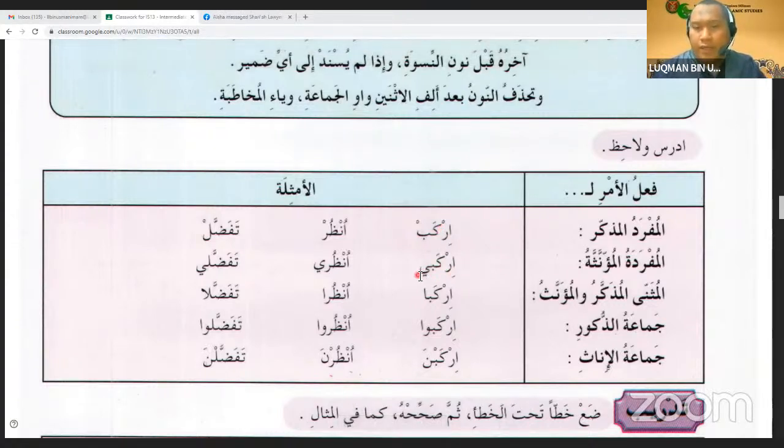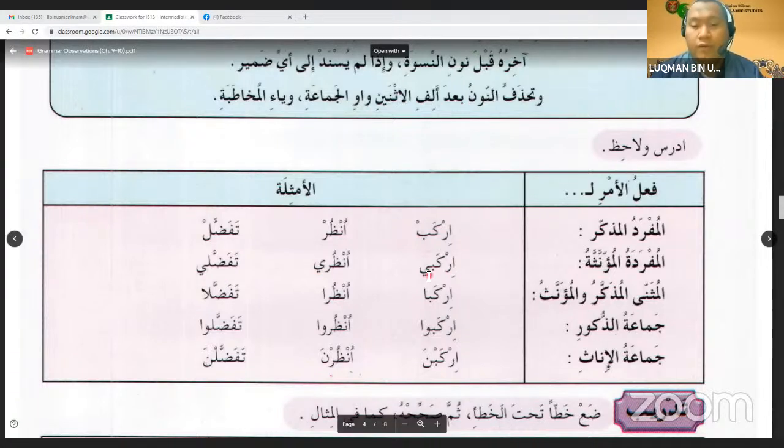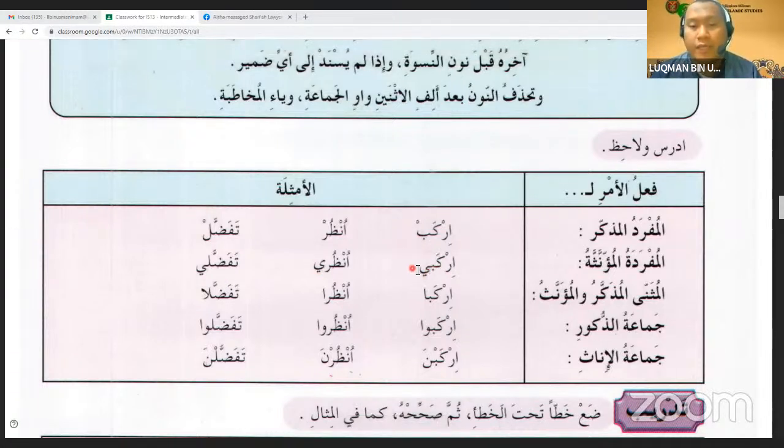Irkabi, sumakay ka, no? Babae ang kausap mo. Irkabi. So you just add ya. Unzuri, tingnan mo. Tafaddali, kunin mo o pasok ka. So ito yung pang feminine. You just add ya. Irkabi, unzuri, tafaddali.